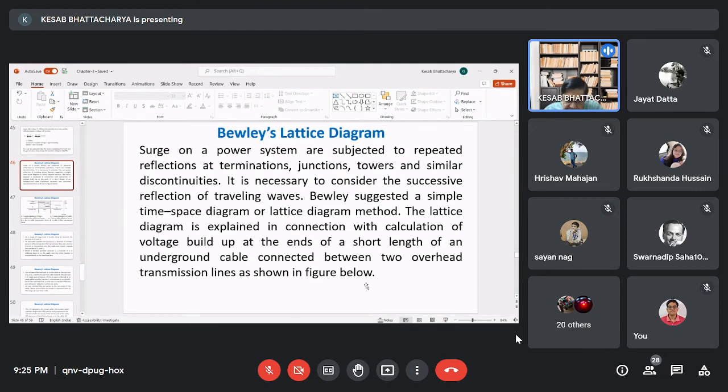So this method is basically restricted to the case when two transmission lines are joined together with the help of a cable for reducing the voltage of transmission from line 1 to line 2. At either end of the line and cable, there will be successive reflections and refractions, and in such cases, this Bewley's lattice diagram could be very well used.